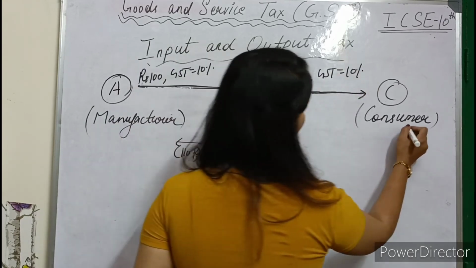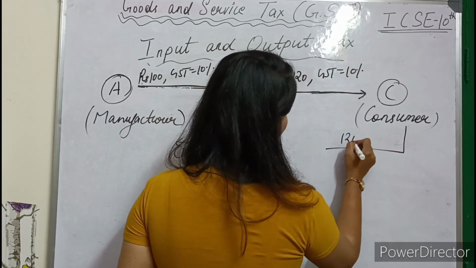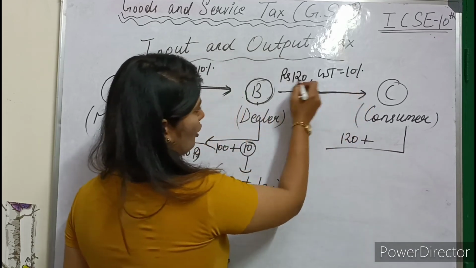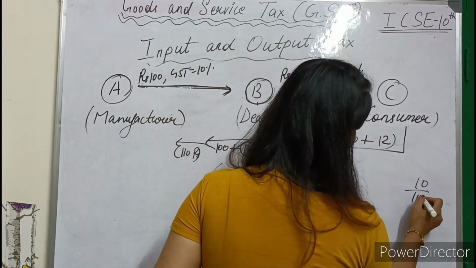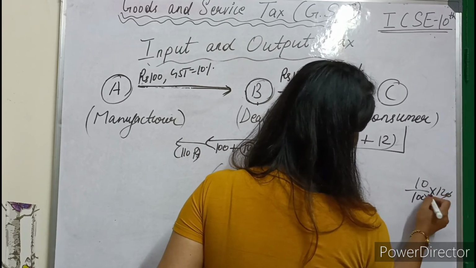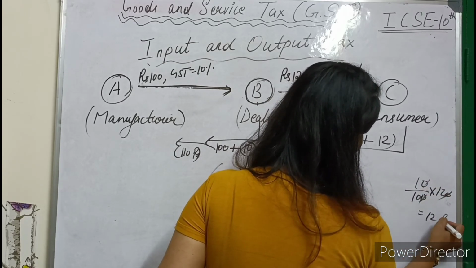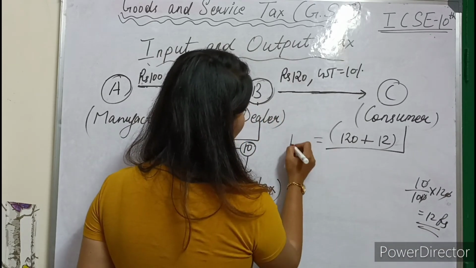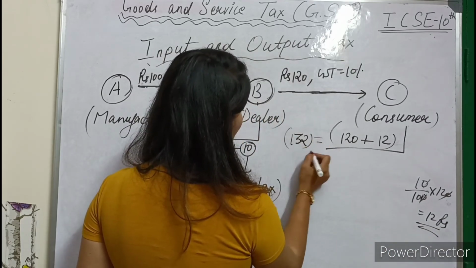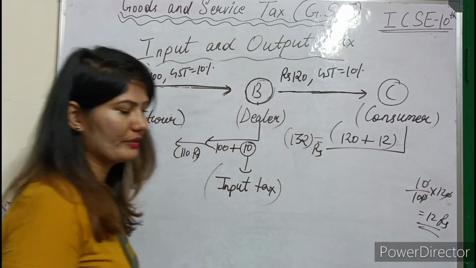So now the consumer has to pay 120 plus 10% of 120, which is 12. You can calculate it this way: 10 by 100 into 120, that is 12 rupees. So in total the consumer has to pay 132 rupees to the dealer.